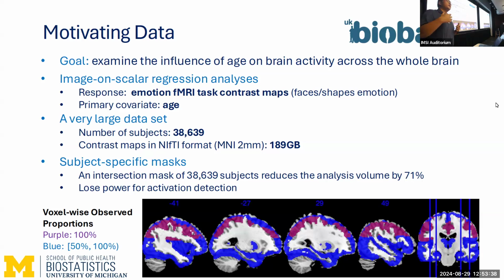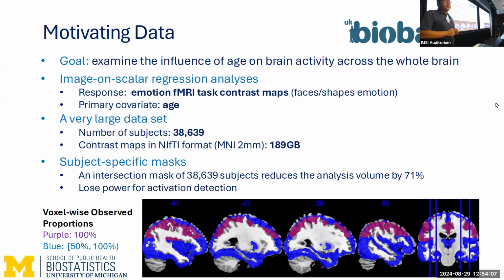So basically, the simple way is to consider this as one of the pre-processing steps, and you probably will either remove all other voxels or impute them with zero. There are a lot of different pre-processing steps you can consider. But if you think about this as part of your statistical problem, it is not only a pre-processing step; we need to think about how we actually deal with this issue.